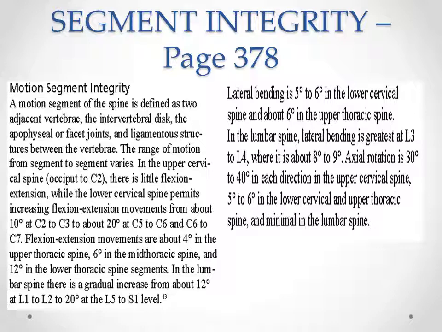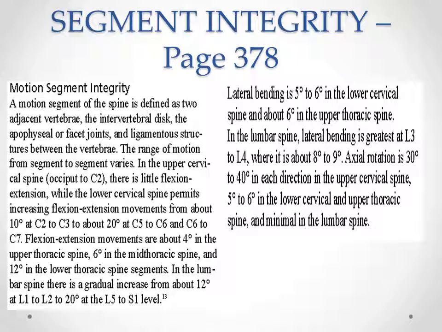Now, the range of motion from segment to segment varies. In the upper cervical spine, there is little flexion extension, while the lower cervical spine permits increasing flexion extension movements from about 10 degrees at C2 to C3 to about 20 degrees at C5 to C6 and C6 to C7.